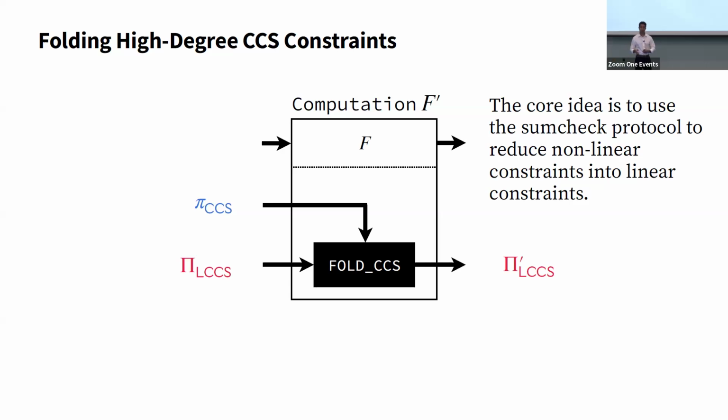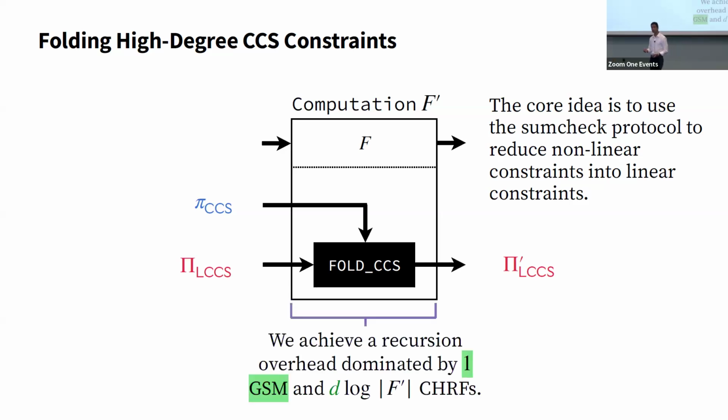And once we linearize all the checks you need to do to check that proof, then you can just use a standard linear combination to compress it or fold it into the running linearized CCS proof, okay? And indeed, what we show is that by using this approach, we achieve a minimal recursion overhead with just one group scalar multiplication when compared to Nova's 2, and moreover, just requires a logarithmic number of hashes.